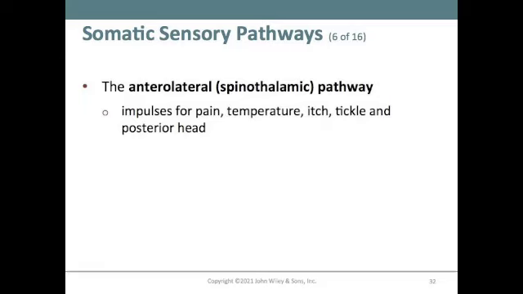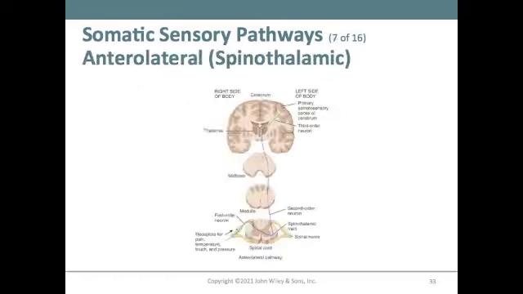In the thalamus, the axons of the secondary neurons synapse with the tertiary neurons. The tertiary neurons project their axons to the primary somatosensory cortex in the cerebrum. And this cartoon is on page 581. This is 16.6, and this shows the anterolateral pathway.